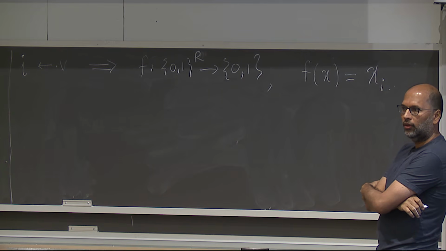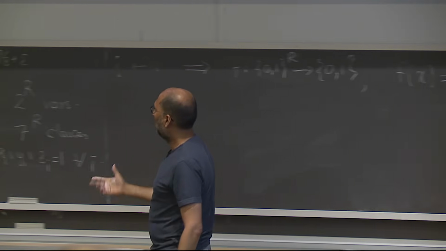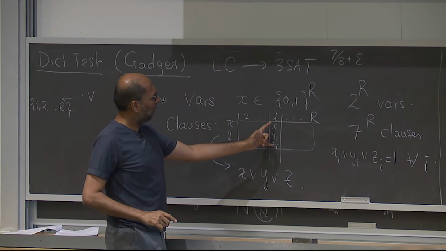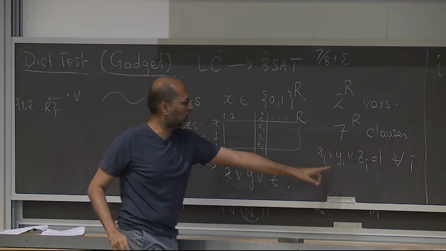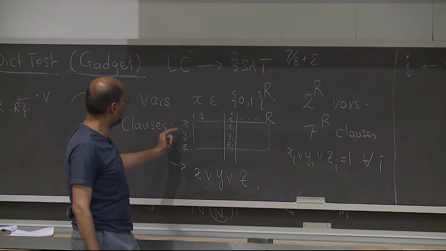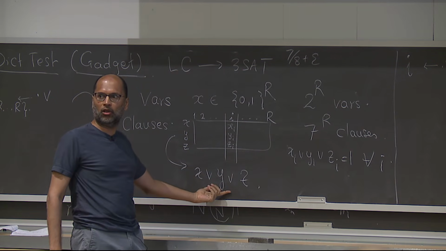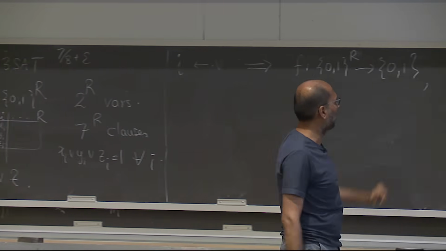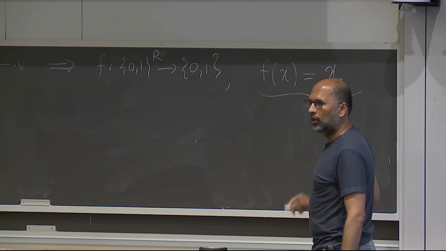Yeah, I hope so, because by definition, I introduced a clause only when the triple xi, yi, zi satisfied the OR condition, right? So if I assign f of x, f of y, f of z to be xi, yi, zi, then it automatically satisfies the clause, right?